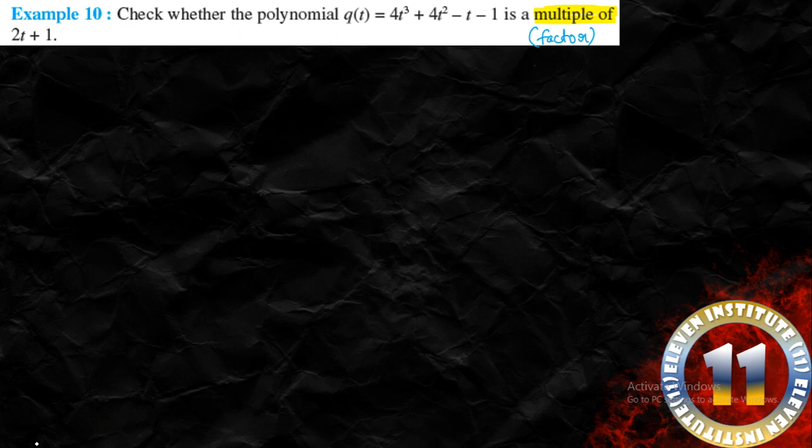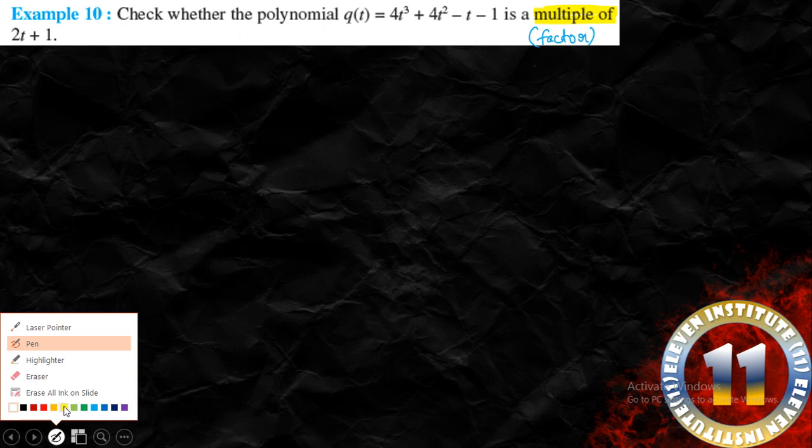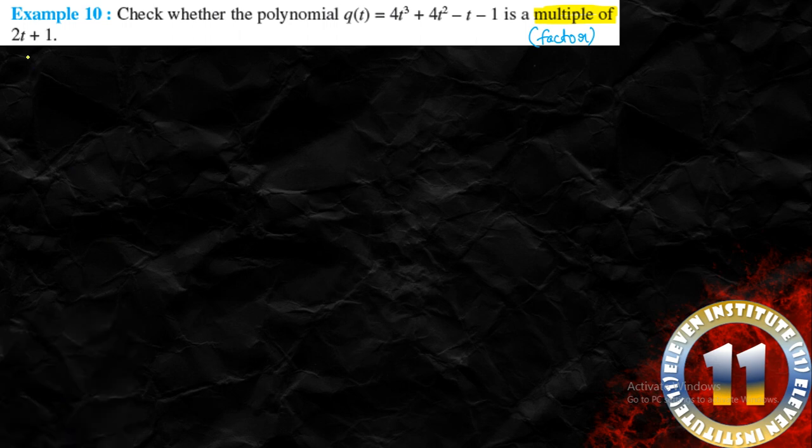So once again, we will start from the divisor. What is our divisor? 2t plus 1. So let us write the solution over here. Once again, we will write that let 2t plus 1 is equal to 0. 1 will go to the other side, it will become minus 1.